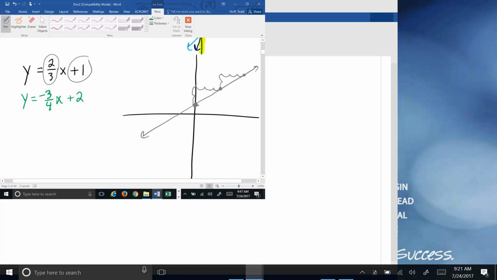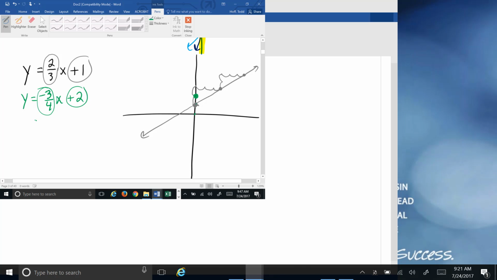y equals -3/4 x plus 2. Where are we going to start? +2. So we go from the center, we go up 2. That's our first point. Now this slope is -3/4. The negative or positive goes with the rise.